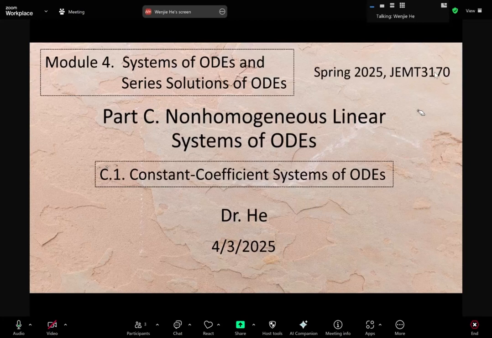But yesterday when I made the questions, I realized that's probably too much work, because a power series solution needs a lot of calculation. Considering that, I only give you one question, the case 1 for the Frobenius method.